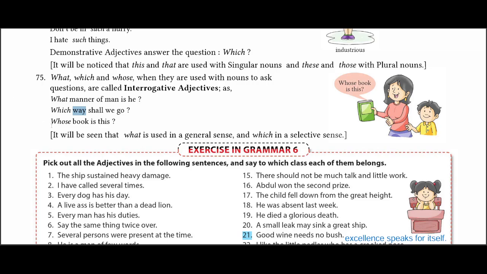Now, whose book is this? Book is a noun. And whose is an adjective used alongside this noun. And it is used to ask a question. It makes the sentence interrogative.